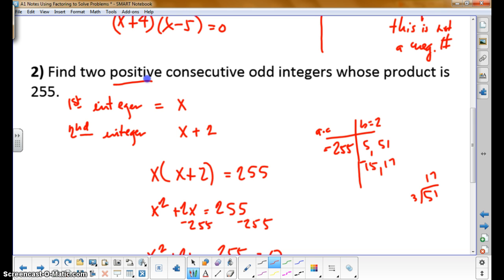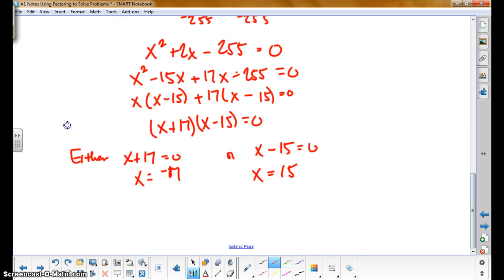And now we can factor by grouping. x times x minus 3 minus 40 times x minus 3. So negative 1, x minus 3, x minus 40 is equal to 0.